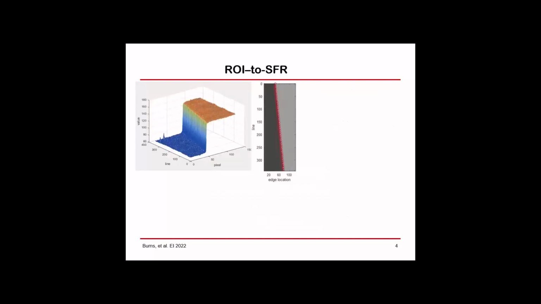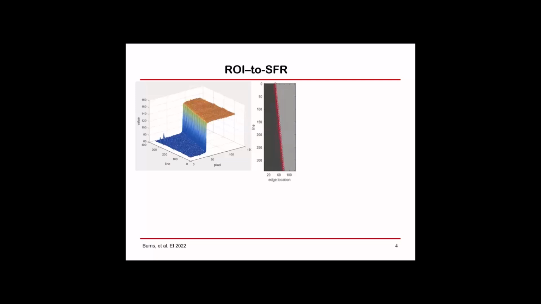Okay, let me step you through the procedure. We start with a region of interest from an edge feature. The idea is that it's a high-quality edge, and you can see it displayed there in projection perspective. That's an actual edge from a scan of a target, and we see evidence of some image noise.